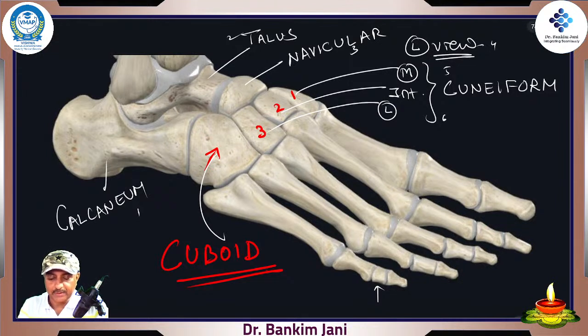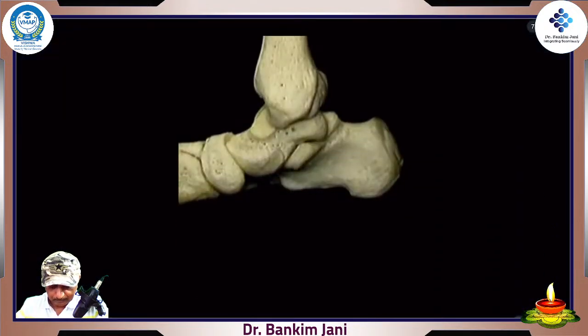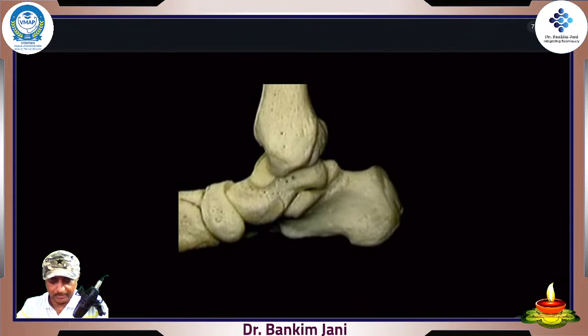Now see their arrangement. They are arranged in such a classical way. Here it is. The real bone, the real ankle. Say the movements, the impact would be on talus, right? But that impact would be transmitted to calcaneum.